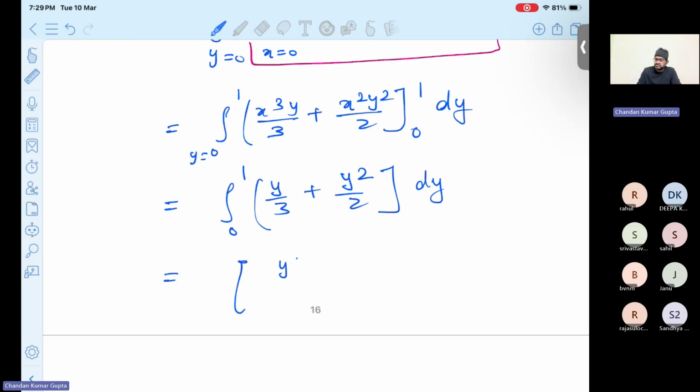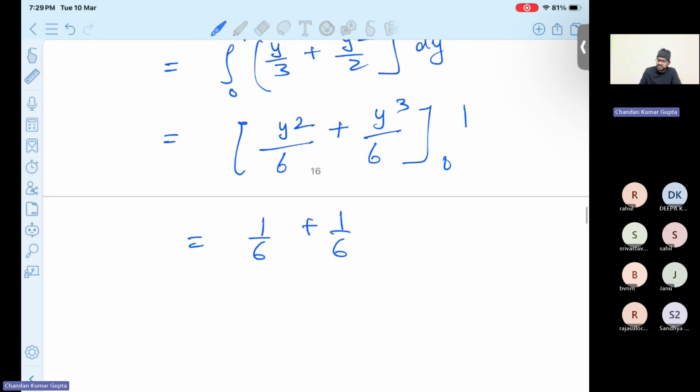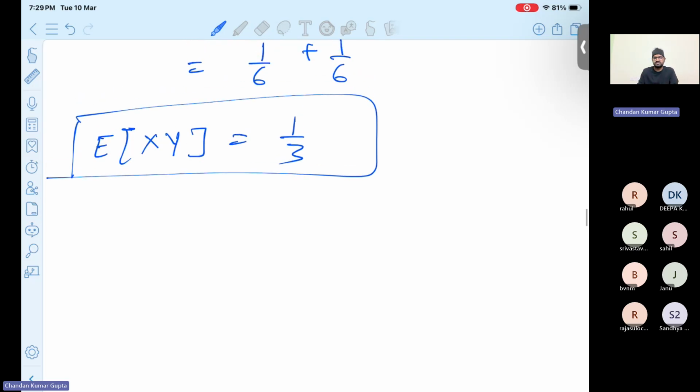So y is converted to y square by 2 into 3, that is 6, plus y cube by 2 into 3, that is 6. From 0 to 1 it comes out to be 1 by 6 plus 1 by 6. So the expected value of xy comes out to be 1 by 3. Hope this is simple for you, just simple calculation.